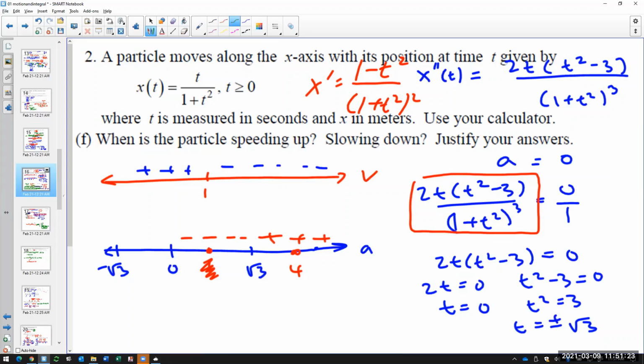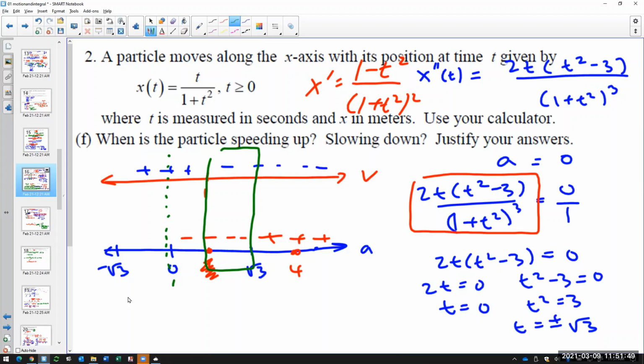And so what you do is remember, you're speeding up when acceleration and velocity have the same signs. So compare these graphs. When do you have the same signs? And you just need to compare bigger than 0. So when do you have the same signs? Actually, right here is where I have the same signs. You see it? Right? Between 1 and square root of 3, velocity is negative and acceleration is negative.